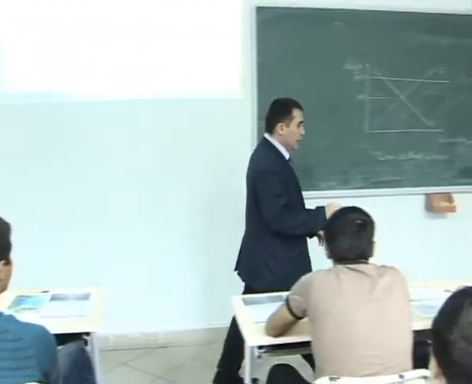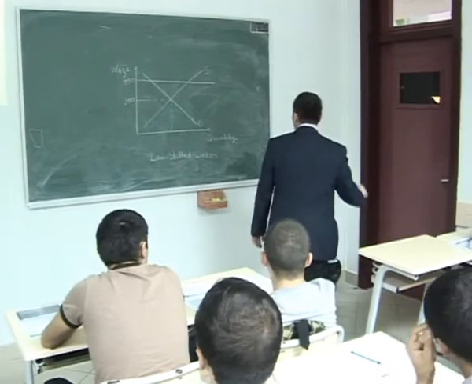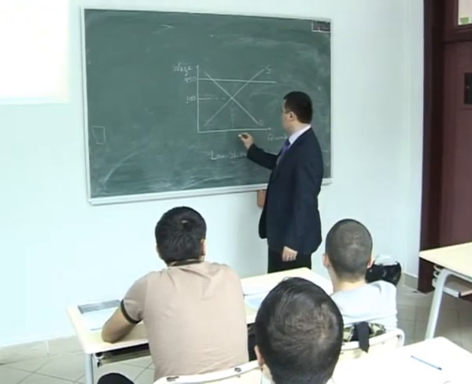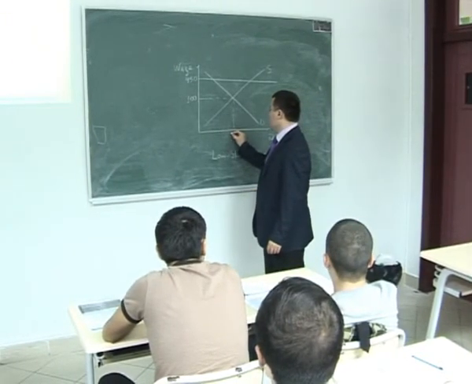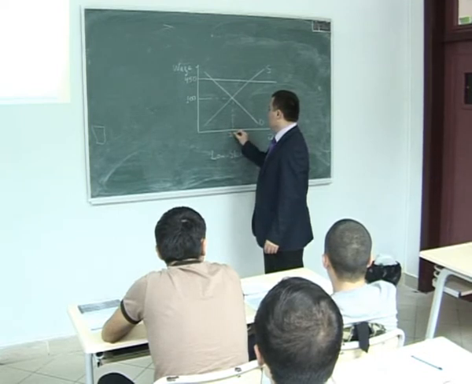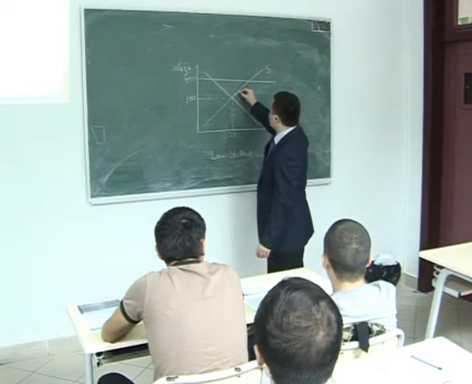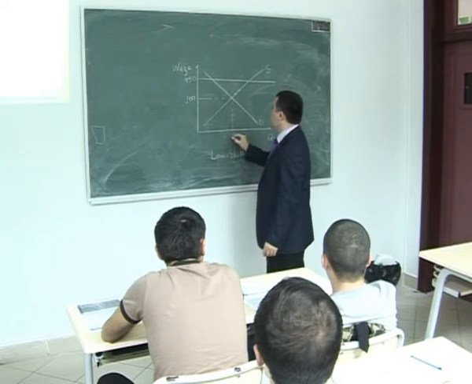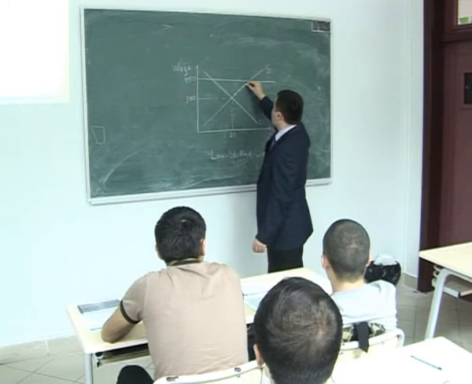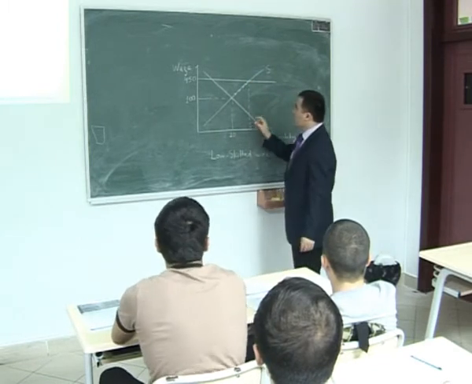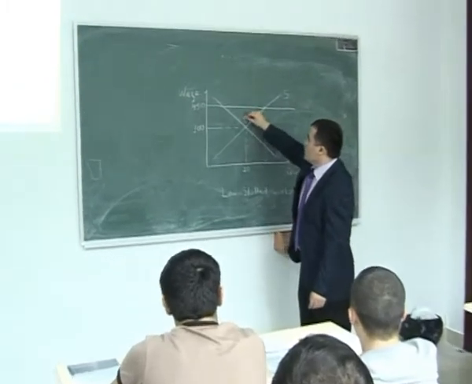Okay, let's do that. So we are going to move along. Let's say that it is 1 million. Quantity of labor supplied will go up, and we will go to this point, it's our equilibrium point.